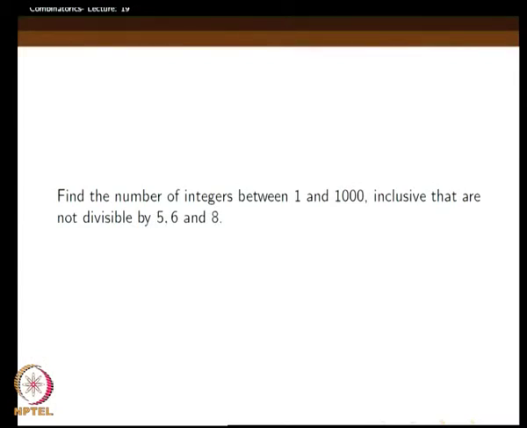Now, we will consider some applications of this. Here is a simple problem. Find the number of integers between 1 and 1000 inclusive, inclusive means including 1 and 1000, that are not divisible by 5, 6 and 8.